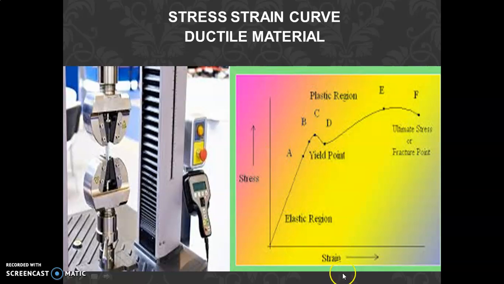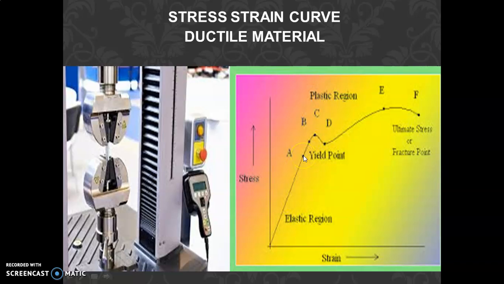Okay, so here if we observe the nature of the graph, then stress increases, strain also increases. So this particular line is showing stress increases, strain also increases. So stress is directly proportional to strain. So this linear behavior of this line indicates that stress is directly proportional to strain.